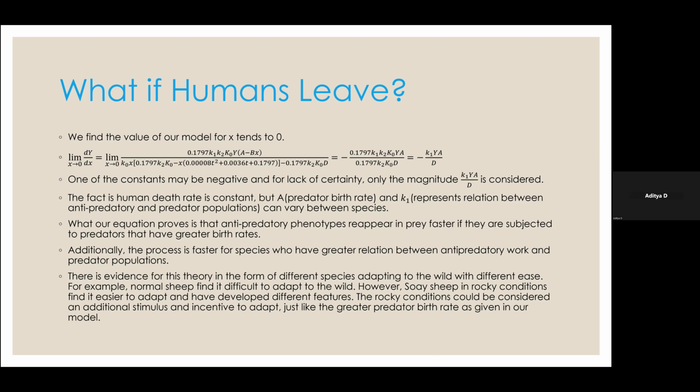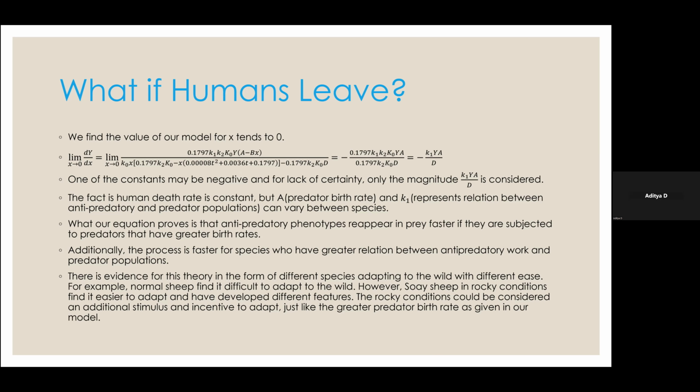The other factor is the relation between anti-predatory behavior and predatory populations. The greater this relation, represented by the constant K1 in our equation, the better the chances of that prey population adapting to the wild again.